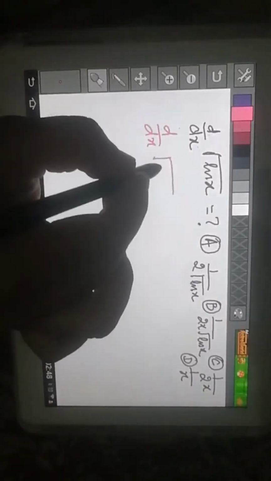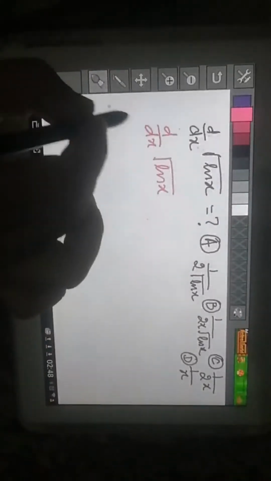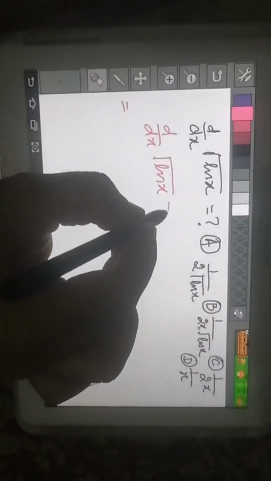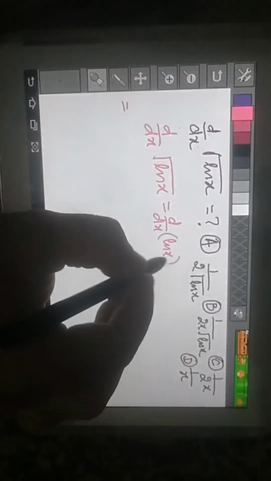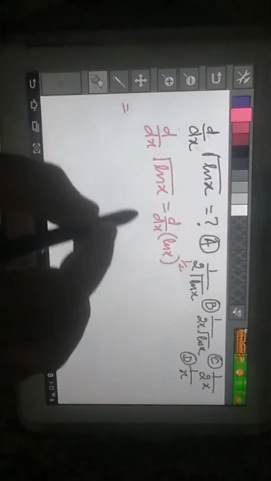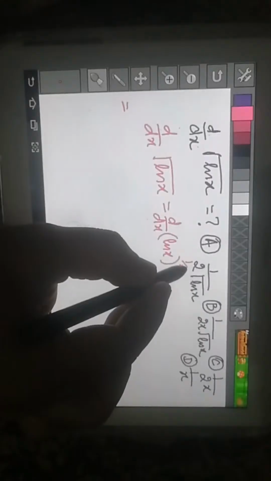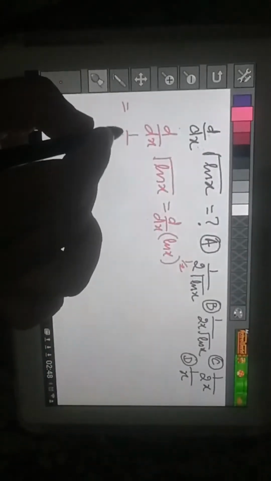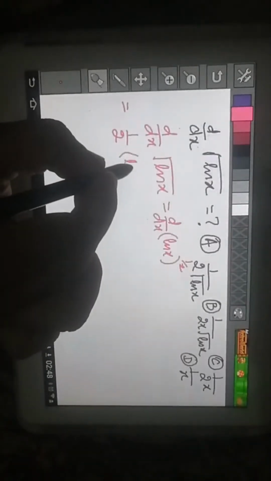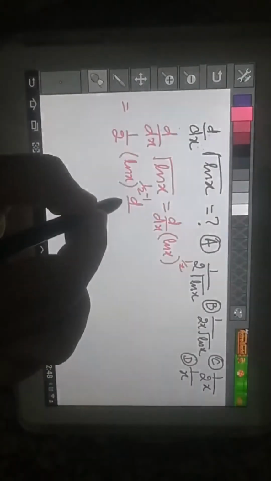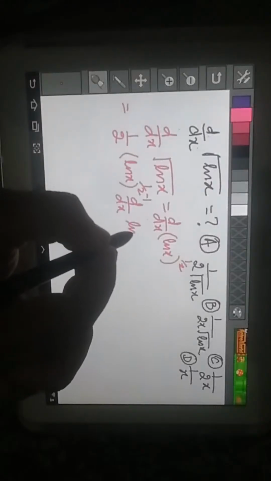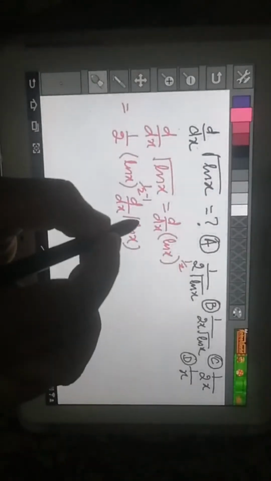D by dx of square root of natural log of x, we know that it can be written as d by dx of natural log of x power 1 by 2. We know that the power rule works here. The power rule states that bring the power in the beginning. I did that, and then the function with the power minus 1, and the derivative of the function without power. Without power, it is natural log of x.